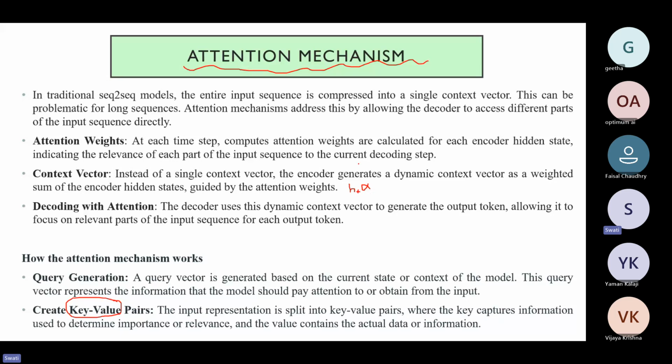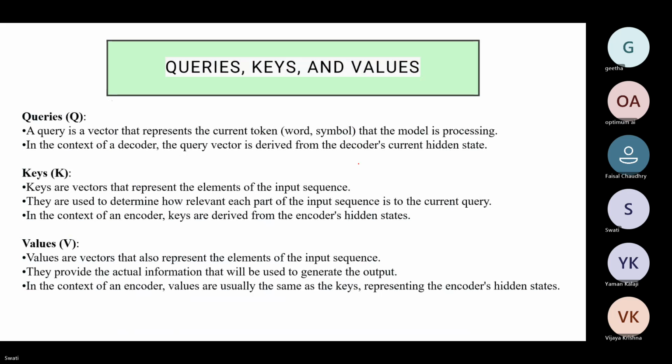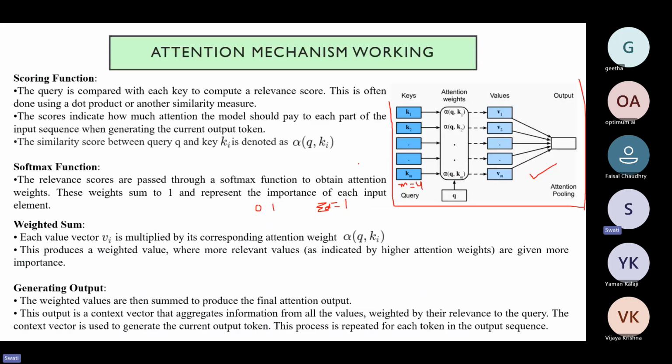In this way, the attention mechanism works for long sequence sentences. So this is the architecture in short: how those attention weights are generated and how they participate in the output. If there is nothing here, maybe we can go to the coding part. If you have any doubt, you can ask.